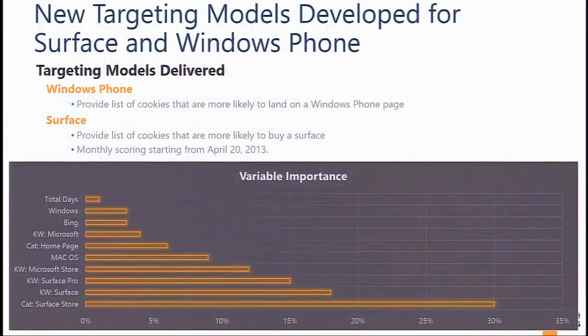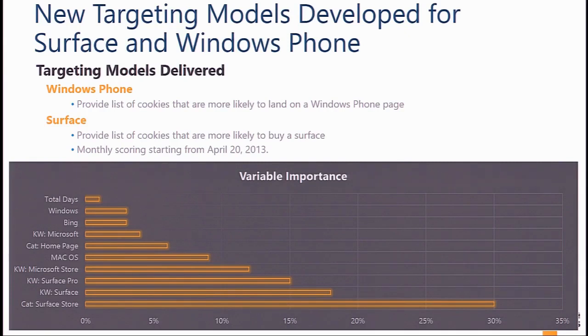So to do that, we built two types of models. In the business, we typically refer to these models as customer propensity models or buyer propensity models. And it's basically a statistical model that will predict the probability that the customer will actually buy your product, right?